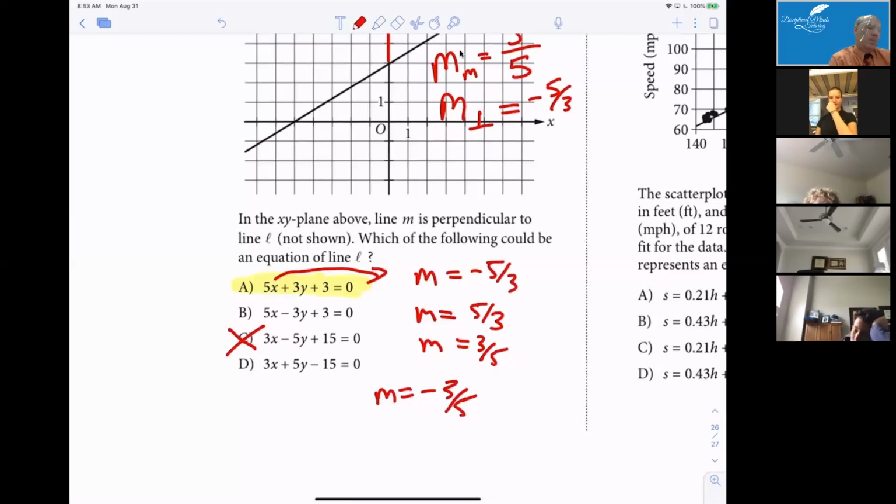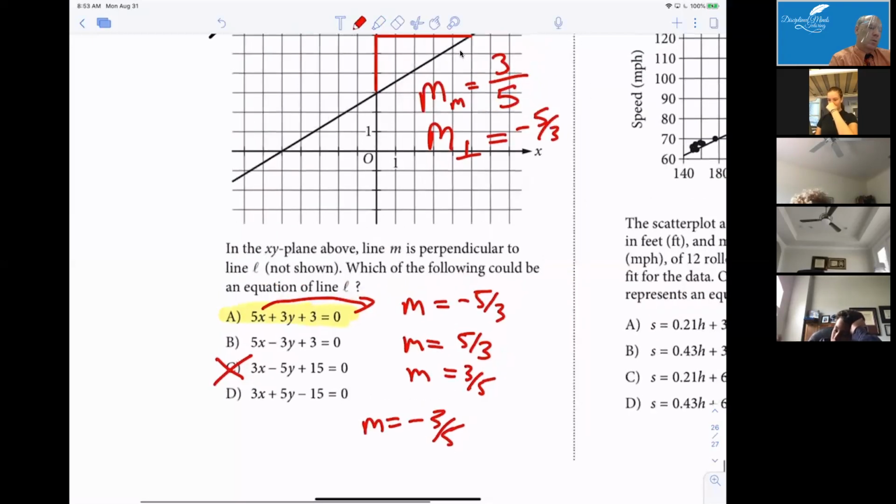Sam. I'm not moving it. I'm changing it into this form, y equals mx plus b. Are you hearing me? I subtracted 5x and then divided by 3.